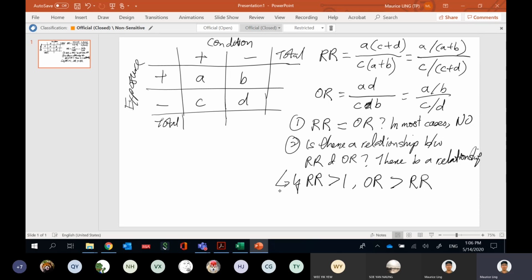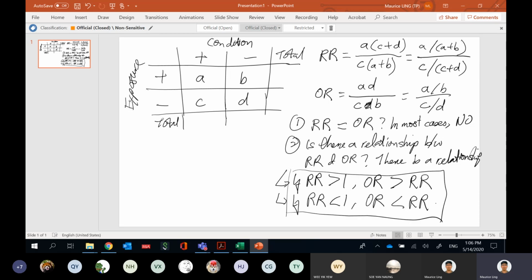On the other hand, if relative risk is less than 1, odds ratio will be less than relative risk. So this is almost like a way for you to check your work, to see whether you put in the wrong numbers for tabulation. So far so good? Somebody give me a sign.